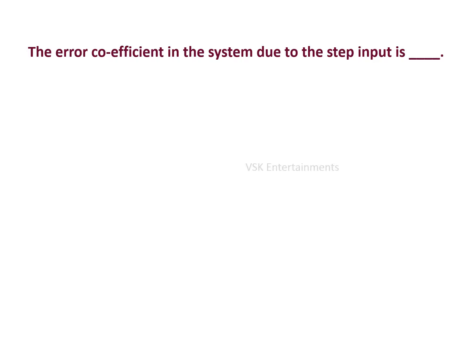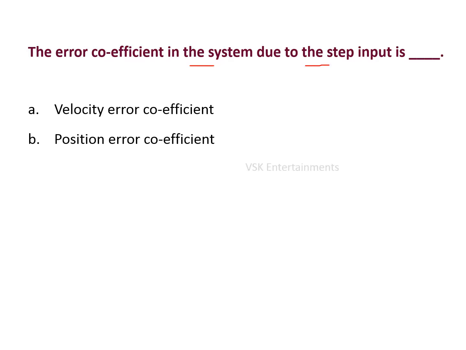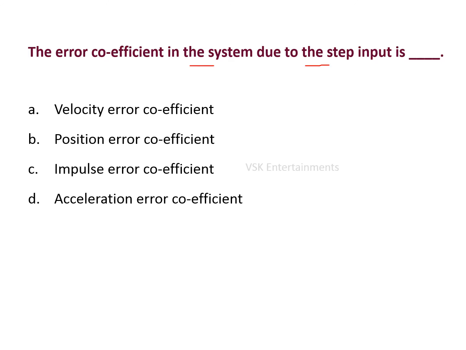Coming to next one, the error coefficient in the system due to step input is, options are velocity error coefficient, position error coefficient, impulse error coefficient, acceleration error coefficient. This bit is related to the steady state error concept, where we get error coefficients for different types of inputs. If the input is step, the error coefficient is the position error coefficient.